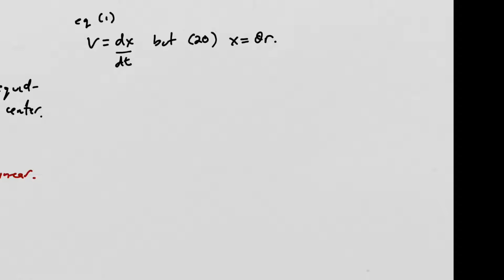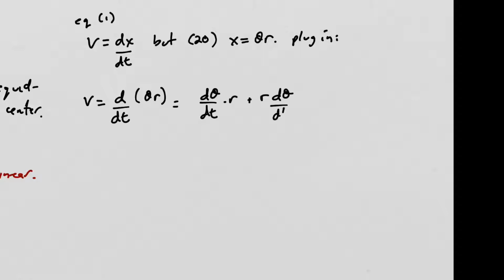So if we plug that in, then what we see is that velocity is equal to the time derivative of x, which we've now called theta times r for something moving in a circle, which by the product rule is going to be d theta/dt times r plus theta times dr/dt. But we had already said something about r, namely that the radius is constant.